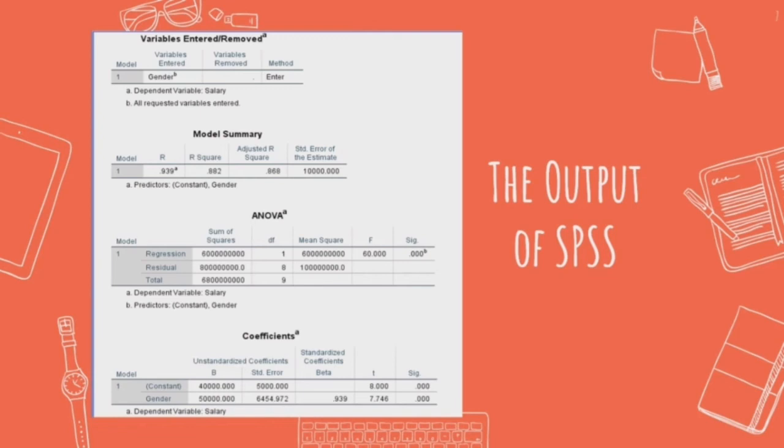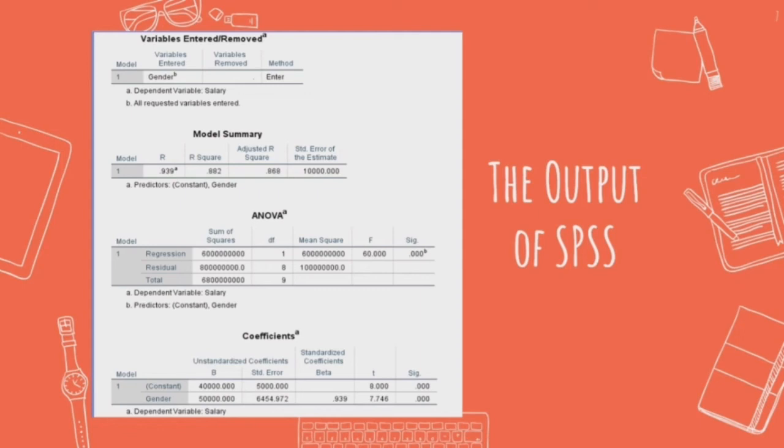Then the ANOVA. Model 1, for the regression, the sum of squares is 6,000,000,000, which is about 6 billion, and the DF value is 1.